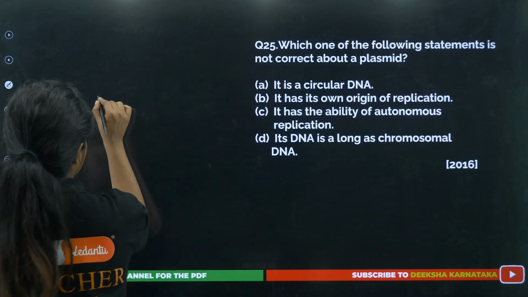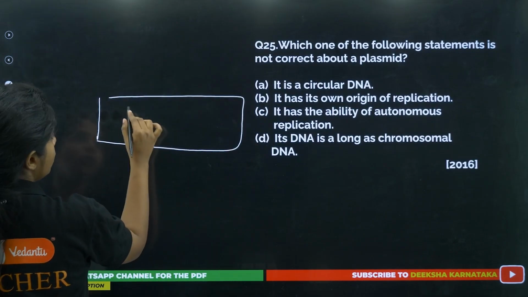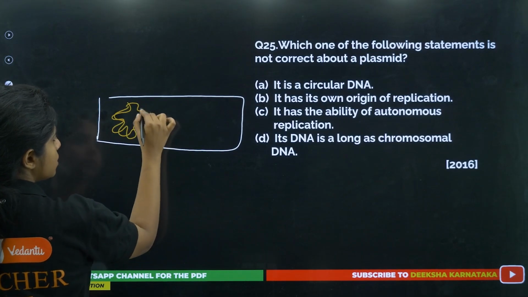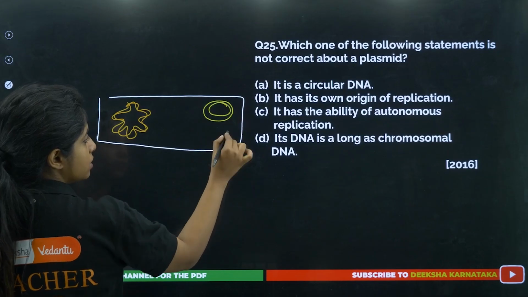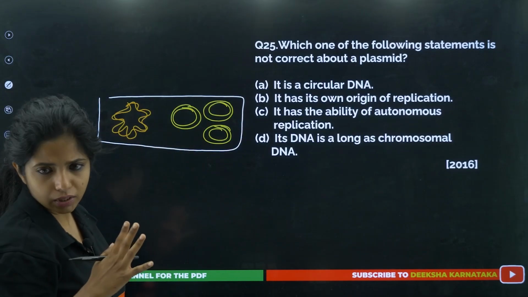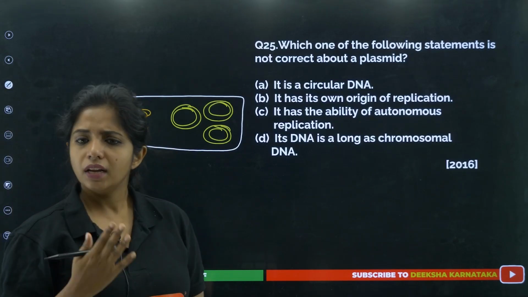Plasmid, for example, in this bacteria: the bacteria will have its own chromosomal DNA, the DNA that codes for proteins and so on. Apart from that, they have certain plasmids, which are double-stranded DNA and generally do not code for any proteins. But they have their origin of replication. They keep on replicating themselves.